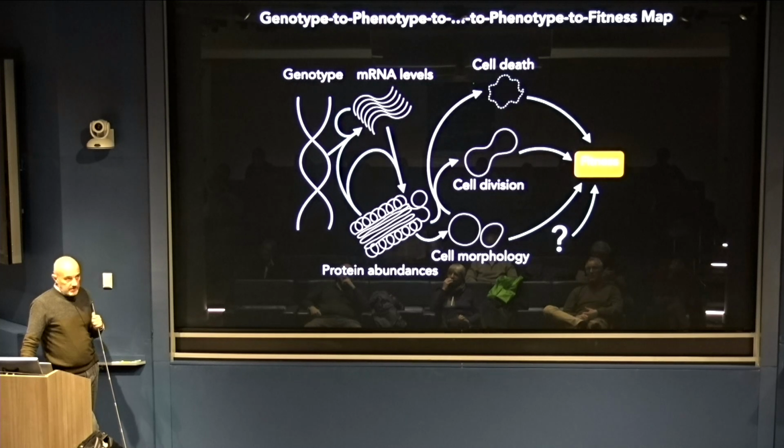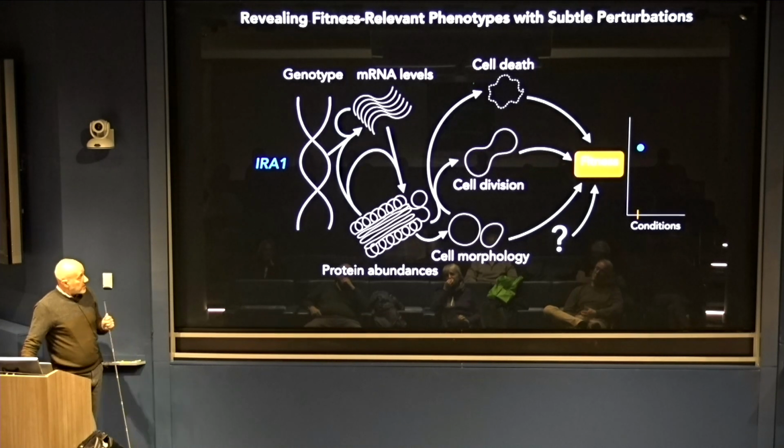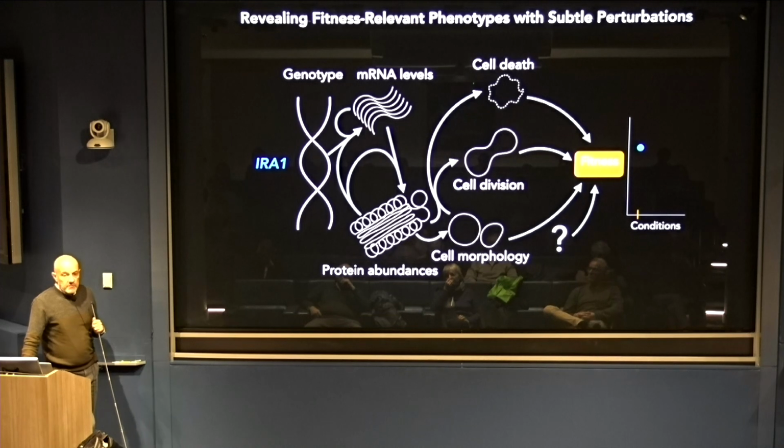It's very difficult. So maybe we can get some insight by measuring no phenotype whatsoever, but instead doing the following. Let's say we have a mutation IR1, a nonsense mutation in one particular gene, and we know that it improved fitness. What if we just measure its fitness?